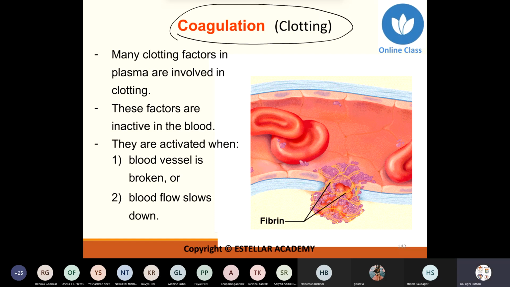When do they get active? Nobody knows? Listen to me. Damage to blood vessels. Very good.